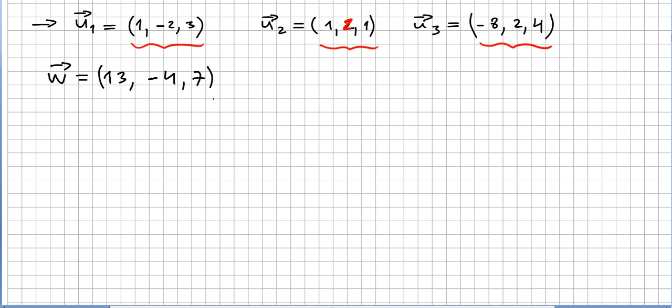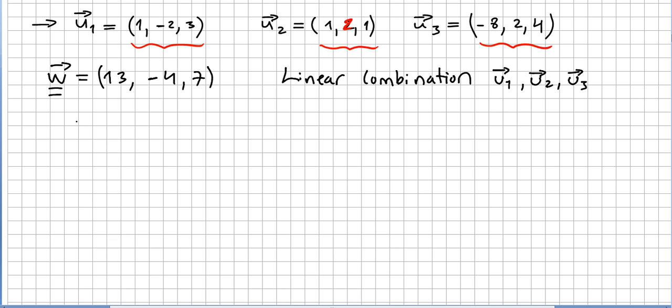And now we are going to be asked to write this particular vector w as a linear combination of these three vectors, u1, u2, and u3.